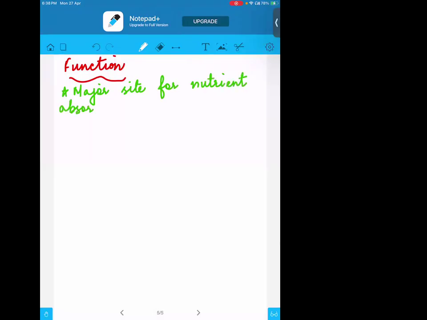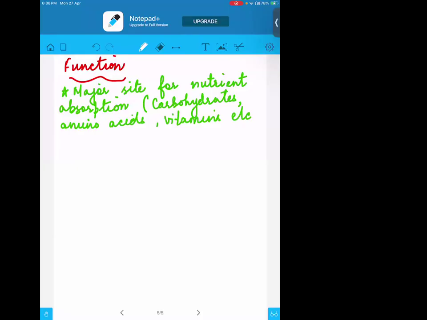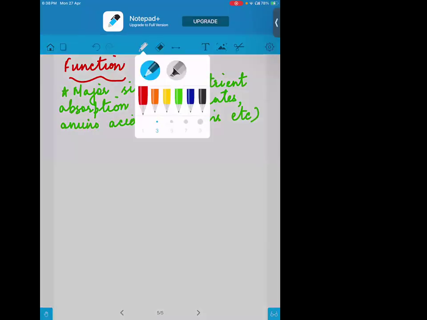At this place, the maximum amount of nutrients like carbohydrates, amino acids, vitamins, etc. will be absorbed. So this is the place where the maximum absorption will take place.